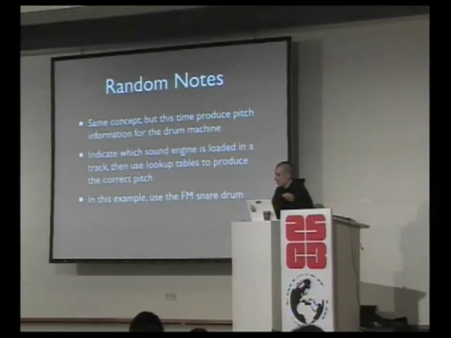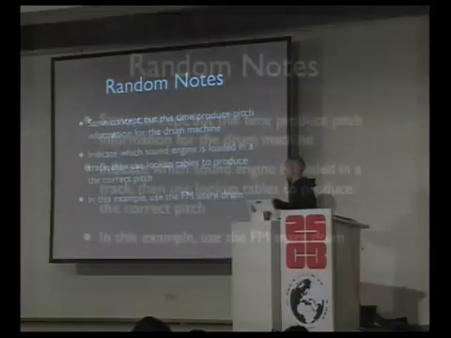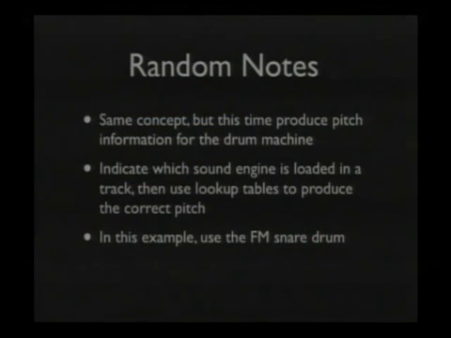And the program I'm going to show you now is called Random Notes Test. It's the same concept as what I showed before, but this time I'm going to produce some pitch information for the drum machine. So I have this snare drum. I took my frequency analyzer and input every value for the pitch and just wrote down what kind of frequency it was and then mapped it to notes.